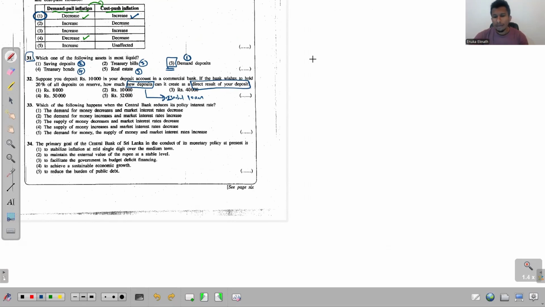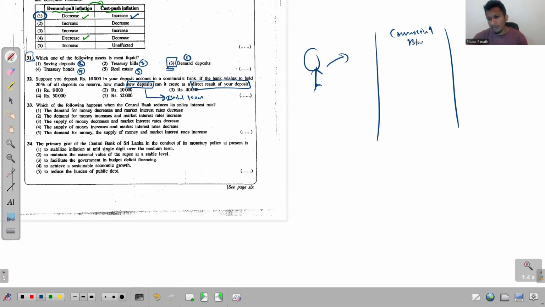Okay, now we have this customer and the customer goes to his commercial bank and deposits this 10,000. So when the person deposits rupees 10,000, the bank holds 20% of that as the statutory reserve. So 10,000 into 20% gives you 2,000.